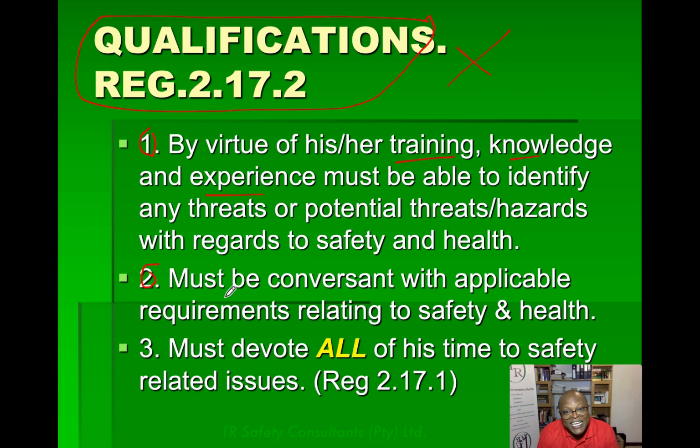Section 88, Tololo. Section 95, Tololo. Section 6, there are some very important sections that you should know right from the top of your head. That's what we call familiar or conversant with applicable requirements. Not only in terms of the Mine Health and Safety Act, by the way, in terms of your company's processes and procedures with regards to health and safety, you must know.